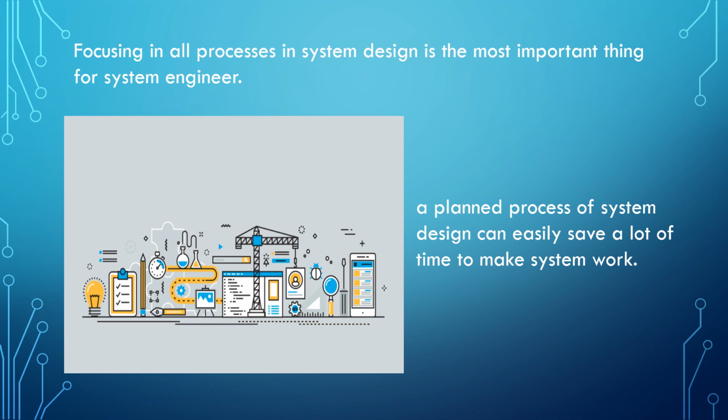The system engineer is like a leader, so they must make the process work successfully. A planned process of system design can easily save a lot of time and make the system work perfectly.